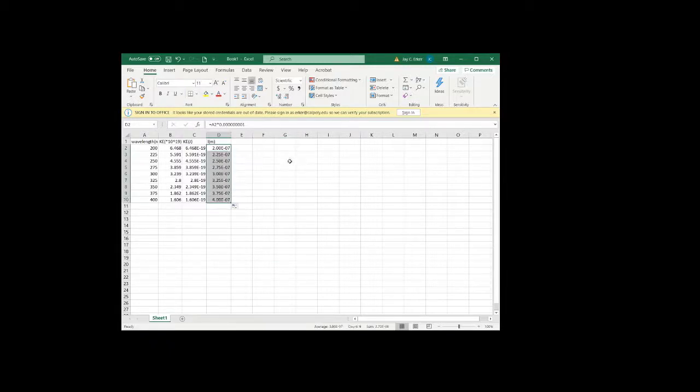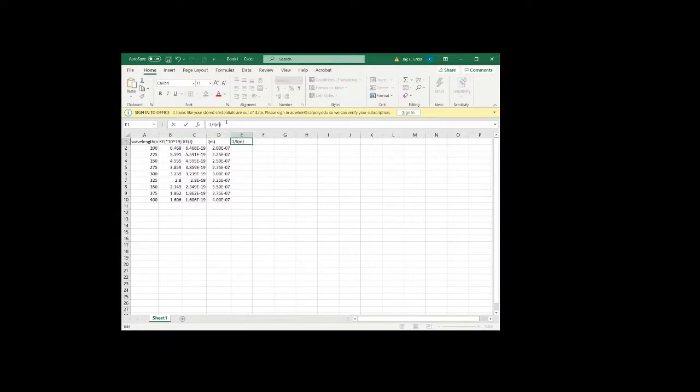So now I've got my wavelengths in meters and my energy in joules. But I don't actually want my wavelength in meters. Again, if we look at the board, we want wavelength in inverse meters. So I'm going to do one more thing. I'm going to make another column that's going to be 1 divided by wavelength in meters.